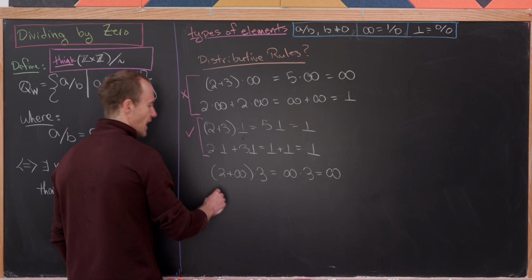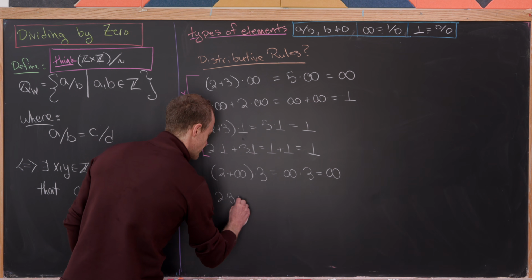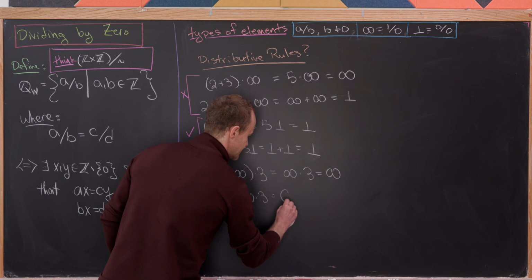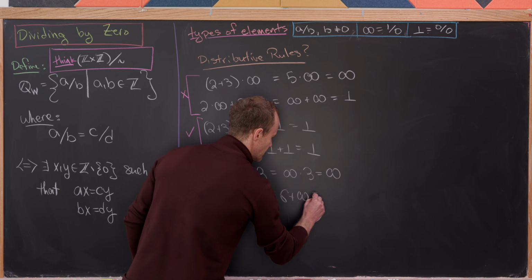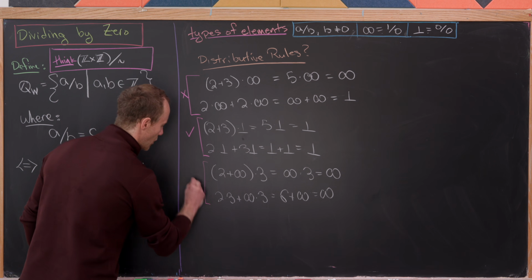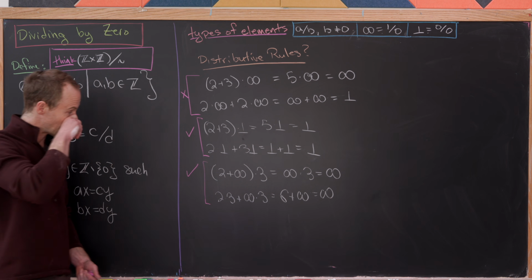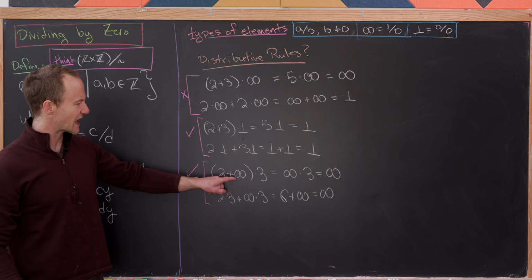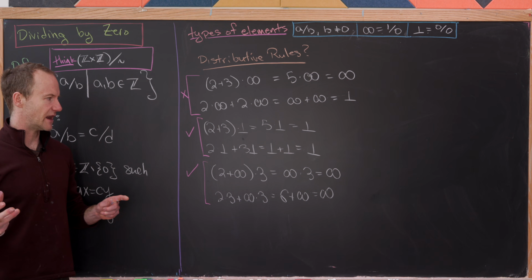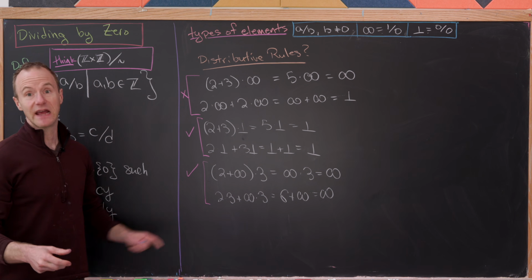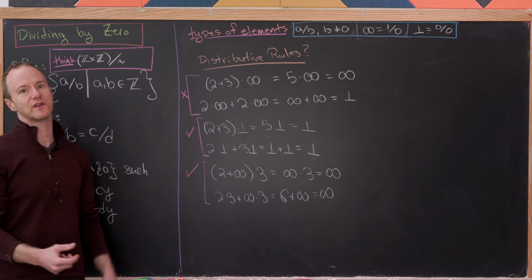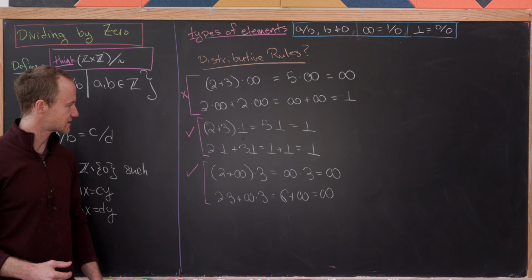And then on the other hand, 2 times 3 plus infinity times 3 is equal to 6 plus infinity, which is infinity. So it looks like this holds here as well. And you can check that the perpendicular number is so strong that it'll hold in this case as well. What I mean by so strong is it absorbs everything into itself in essence.